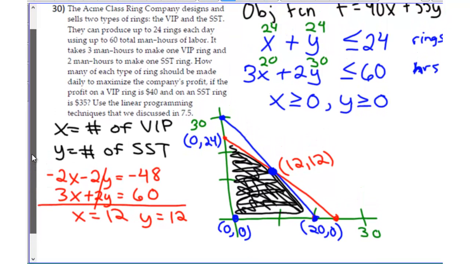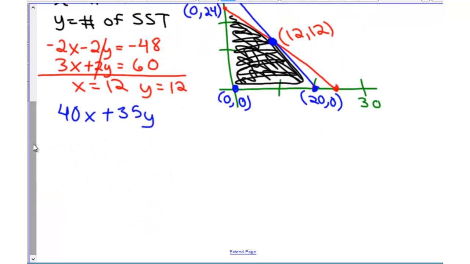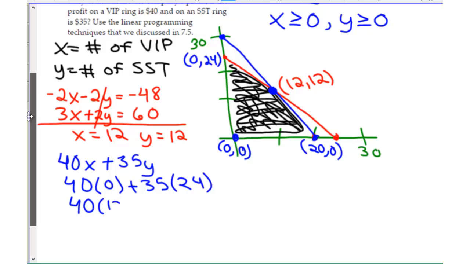And our objective function up there at the top is 40x plus 35y. Now I plug in 0, 24, 12, 12, and 20, 0.